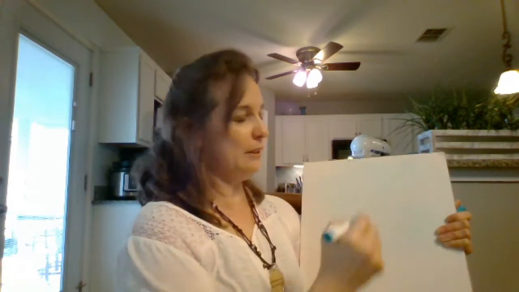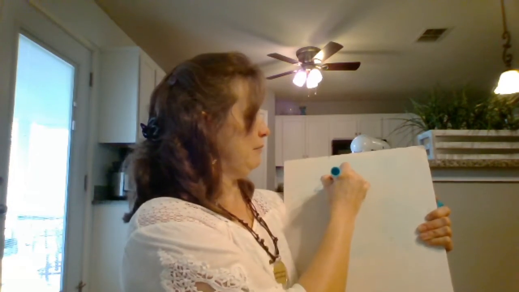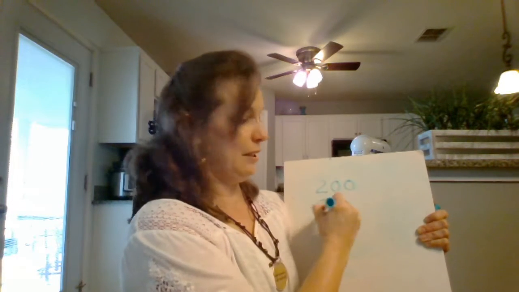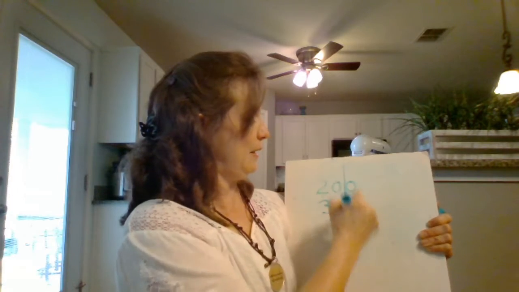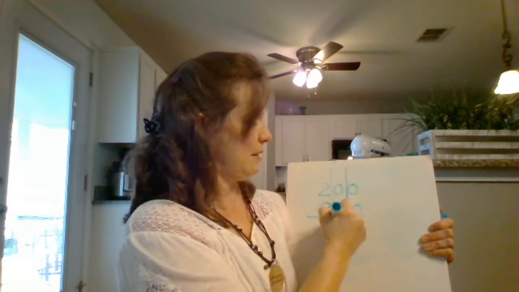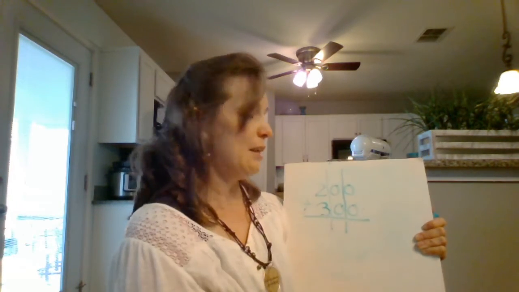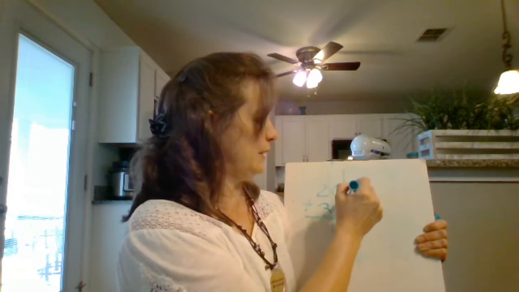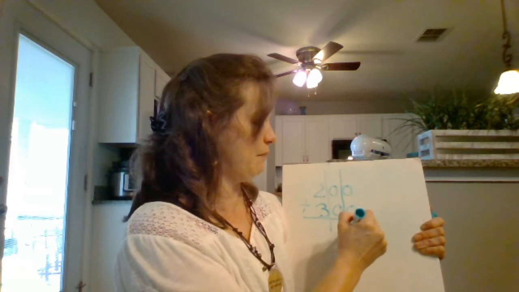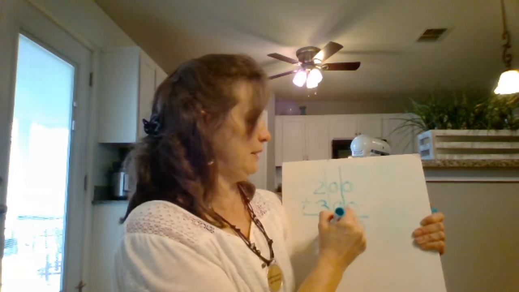All right, the next one is 200 plus 300. They've got to separate these, and then you draw the answer line and the plus sign. So what do we start with first? Ones. Always start with ones. 0 plus 0 is 0. 0 plus 0 is 0.